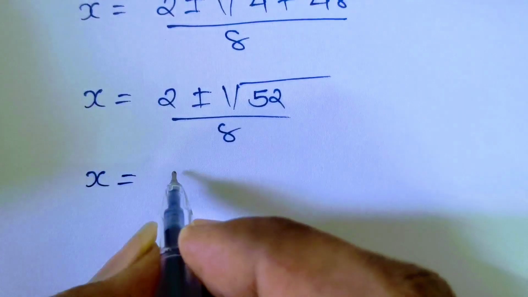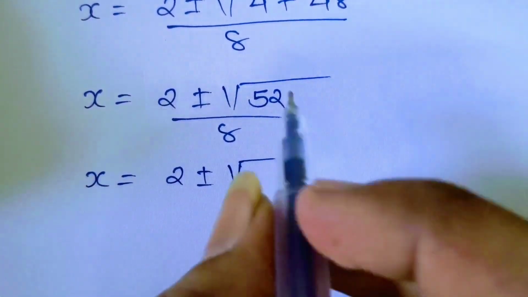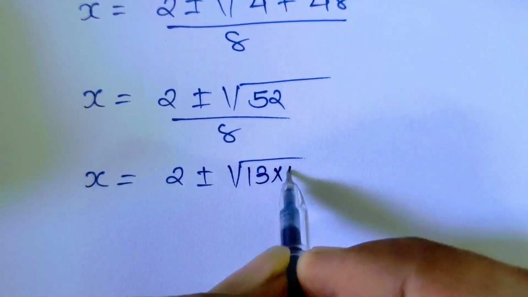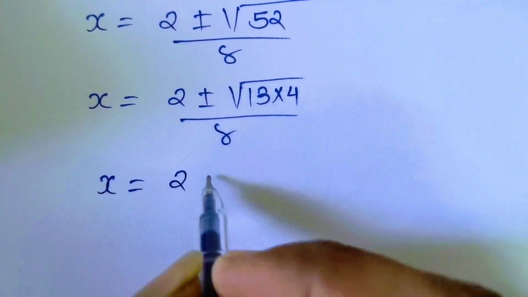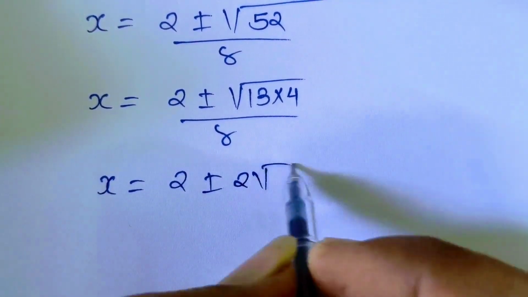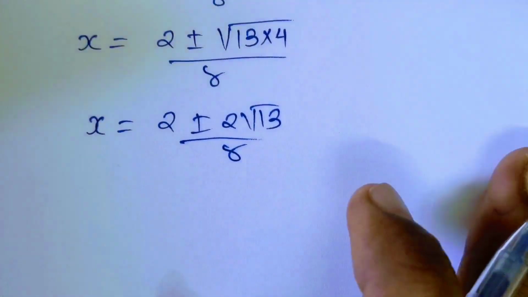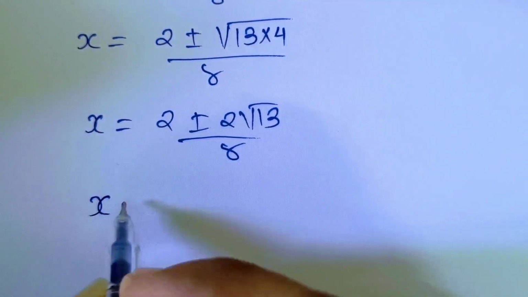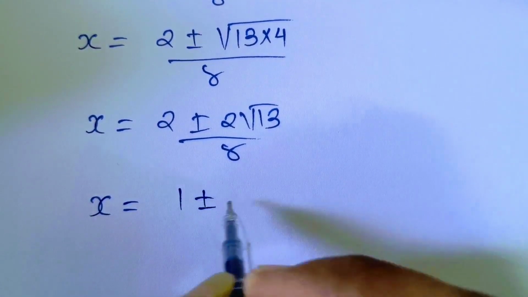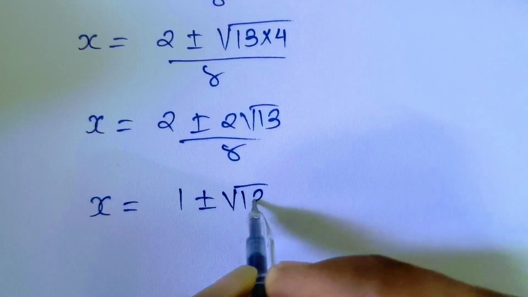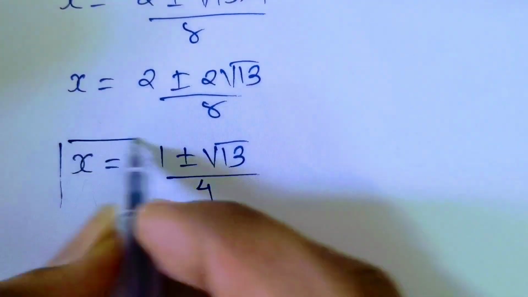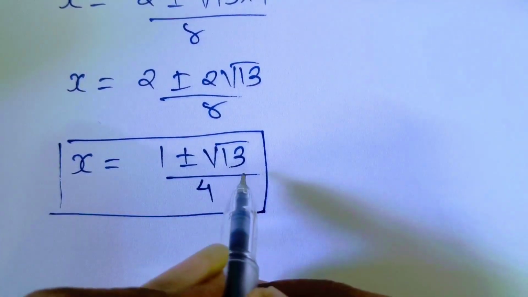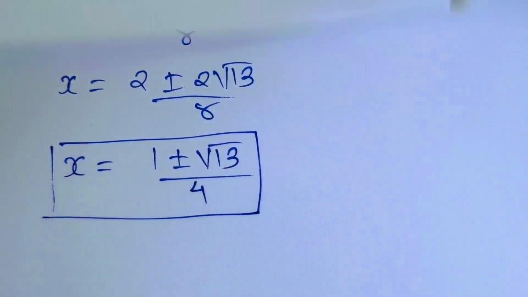Therefore x is equal to 2 plus or minus 2√13 divided by 8. Taking 2 common, the remaining part is 1 plus or minus √13, and 2 divided by 8 leaves 4. So two solutions are possible in the first case: x is equal to (1 plus or minus √13) upon 4. This is the solution only for case 1, 2x equal to m.